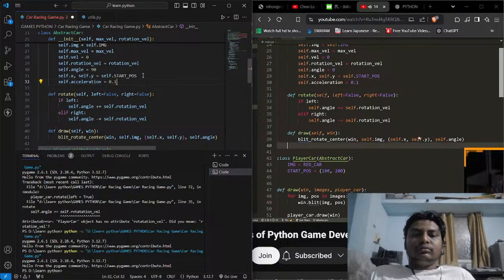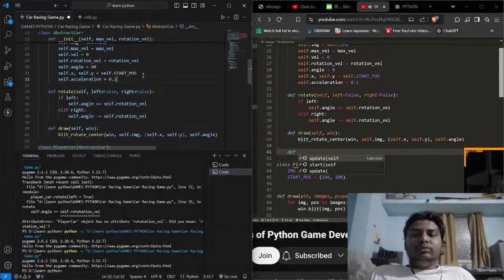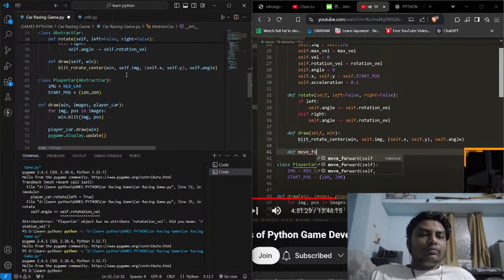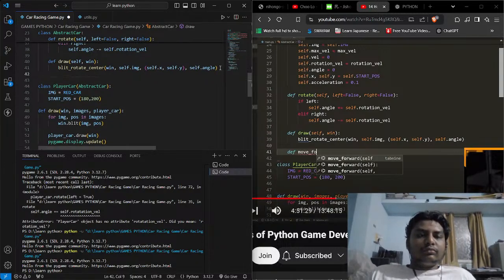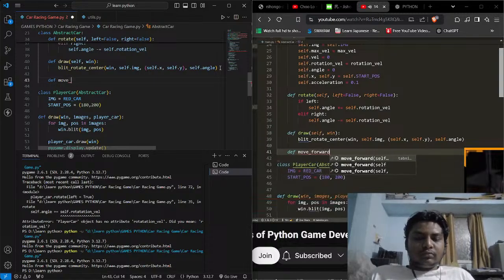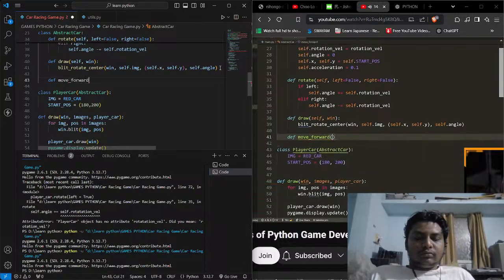Anyways, we have that. Now I want to define a method, and I want to call this move_forward, okay? So define move_forward, and inside of here, I'm going to take self.